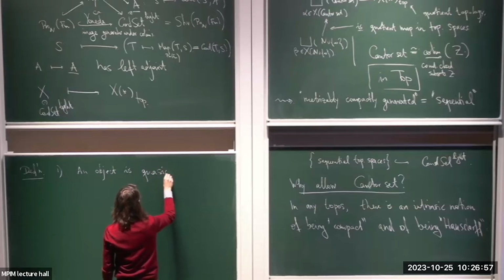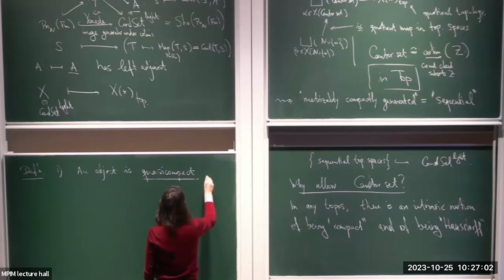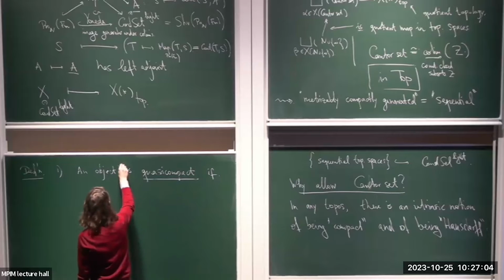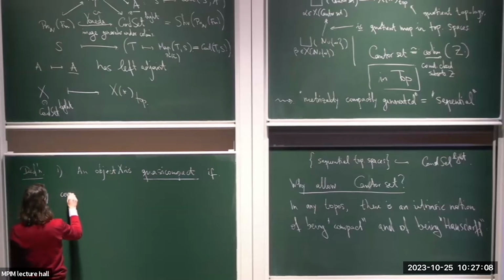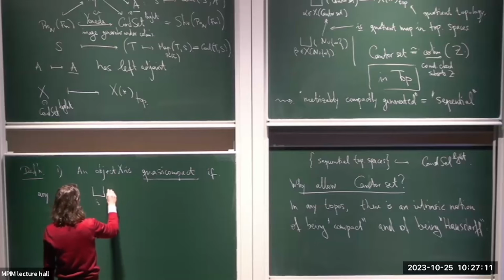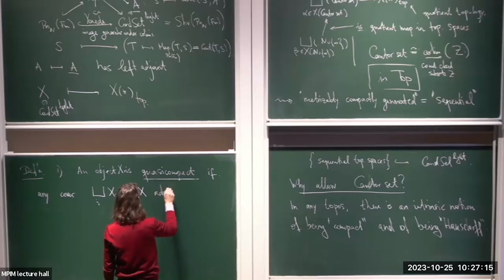So this general topos-theoretic notion is what's called quasi-compact, if any cover admits a finite subcover.